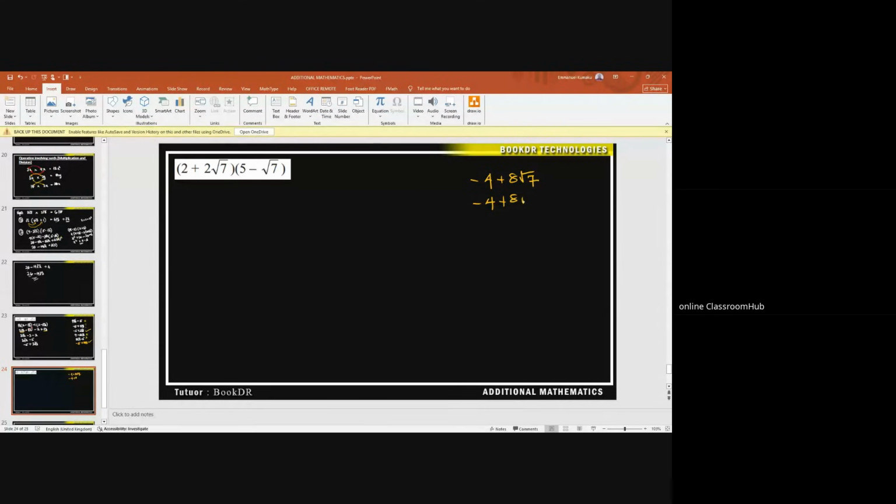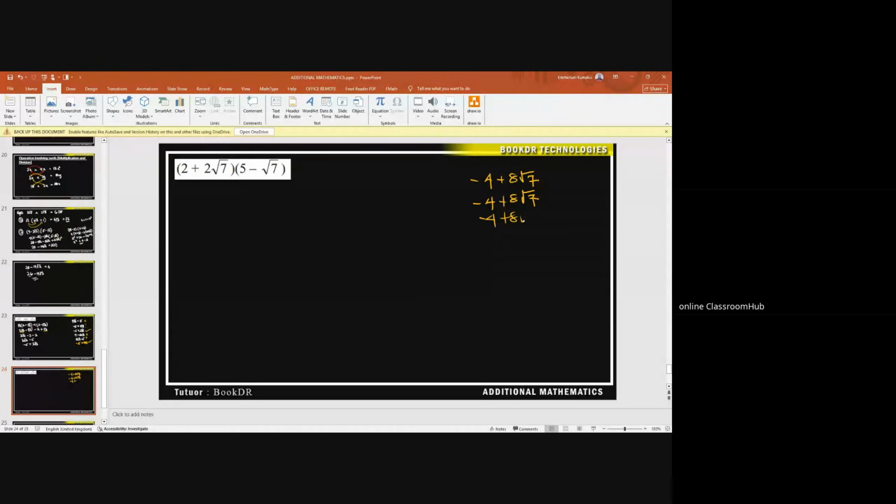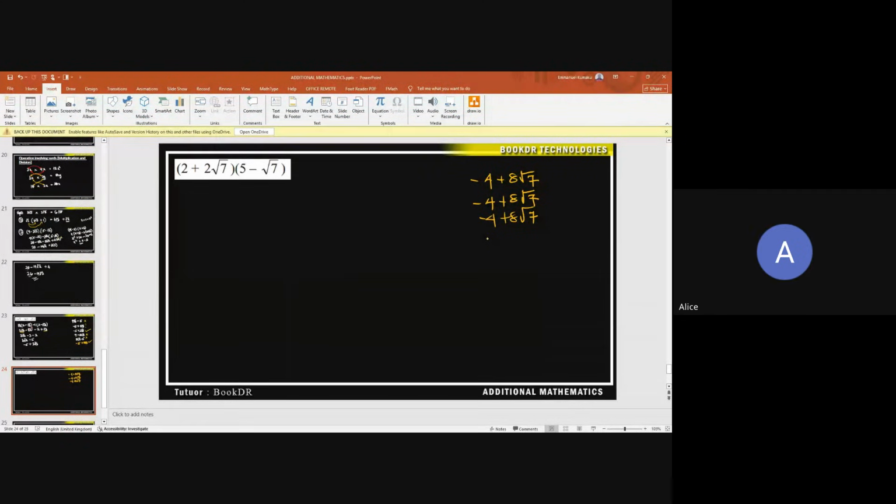The same thing. Okay, let's go to Edwin. Negative 4 plus 8√7. The same thing. Okay. Then the last person, Alice. Negative 4 plus 8√7.